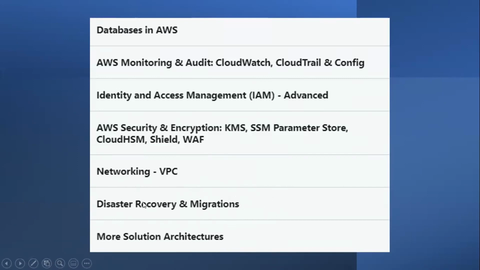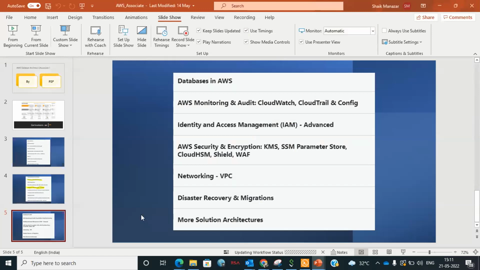Disaster recovery is very important. Let's say I have 20 clients, and every year those 20 clients do disaster recovery to test whether their applications or servers have a backup, in other words. So this is the AWS Solution Architect Associate.